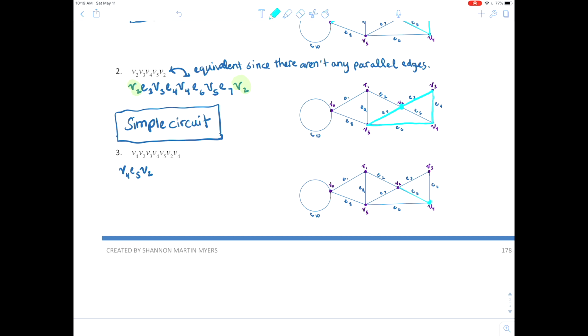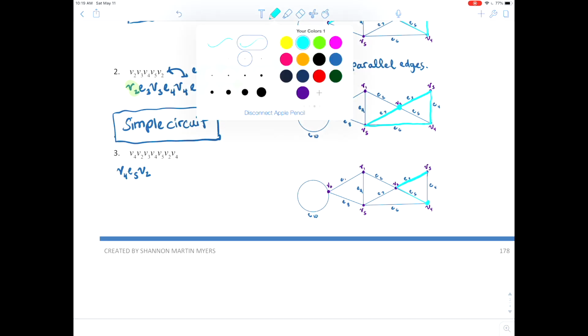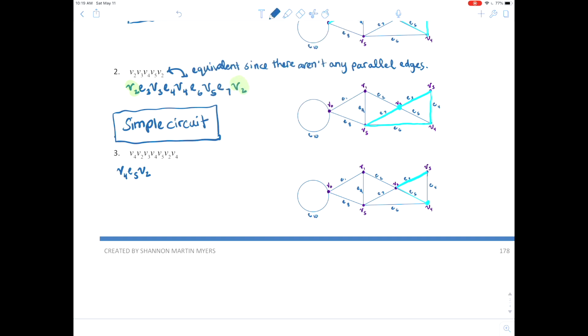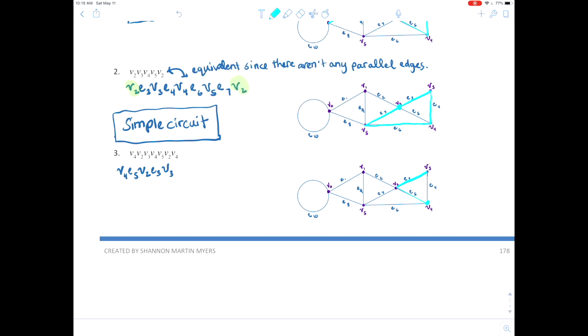Next we go from V2 to V3: V2, E3, V3. Then we went from V3 to V4.